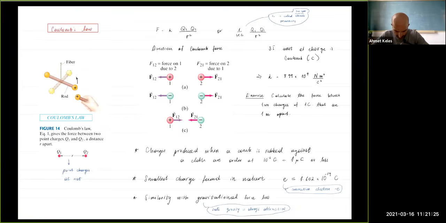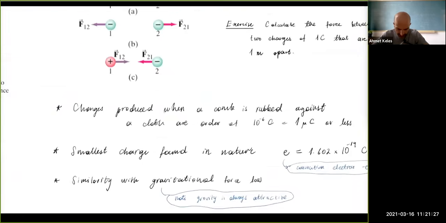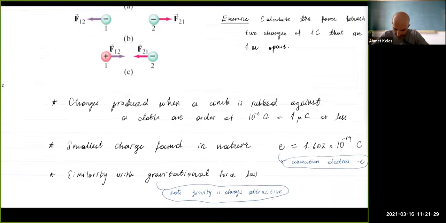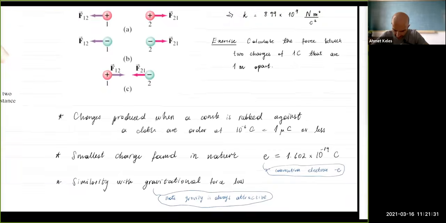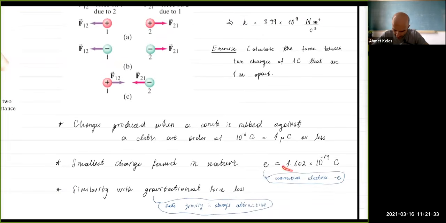So the smallest charge in nature, which is rather interesting, is this number: 1.602 times 10 to the minus 19 Coulomb. There is no way you can get any charge smaller than this, and any other charge is a multiple of this.